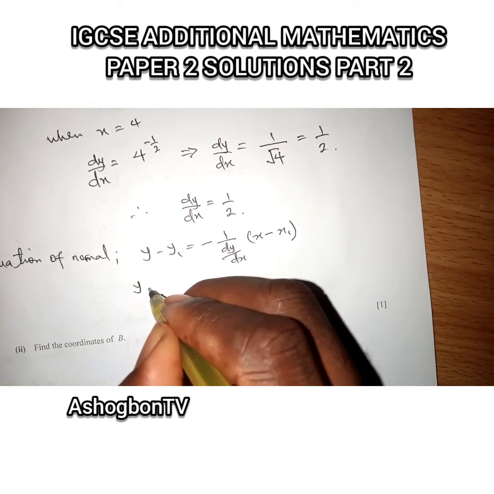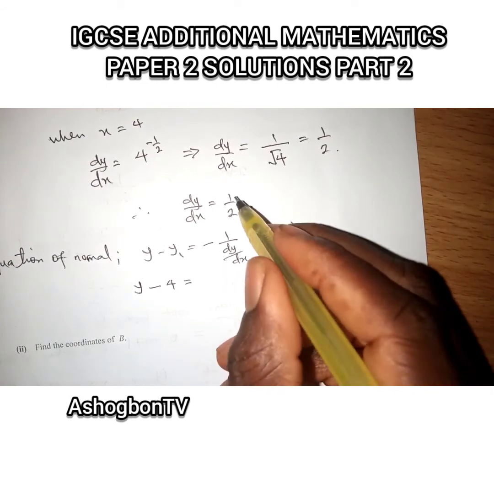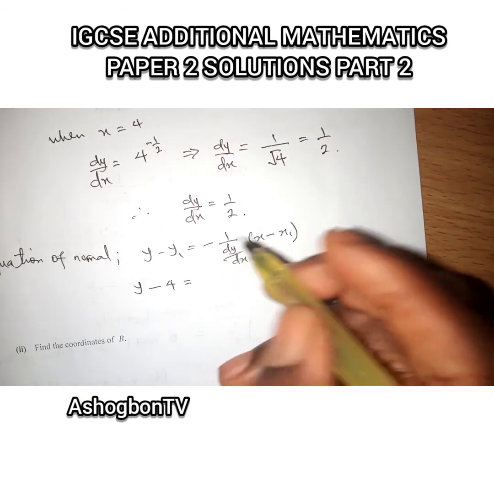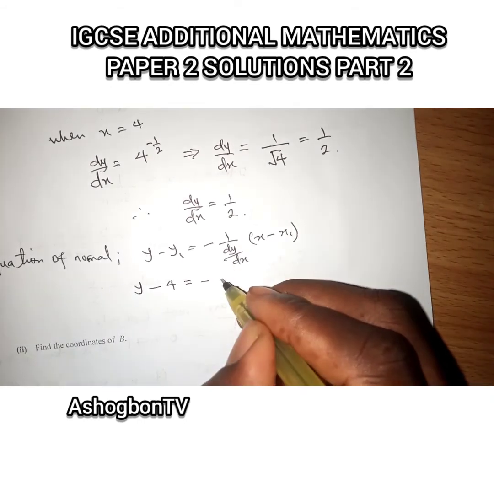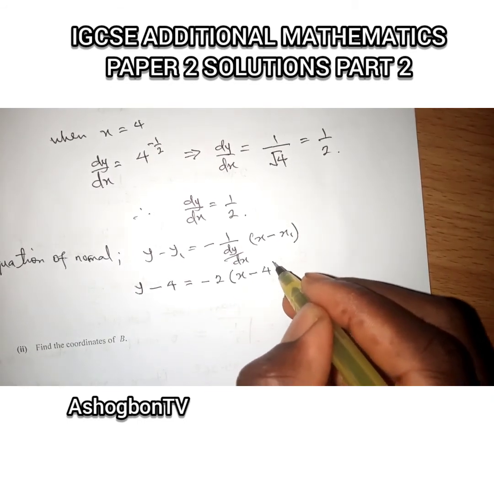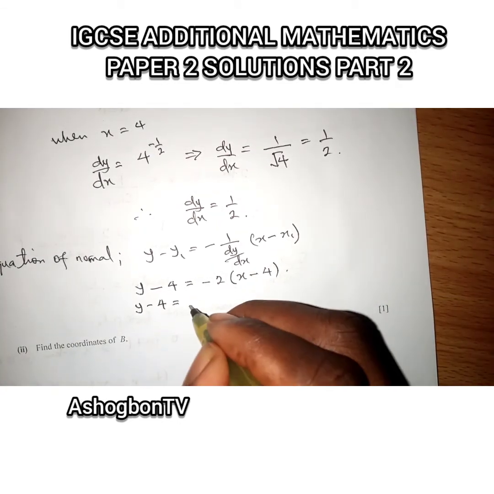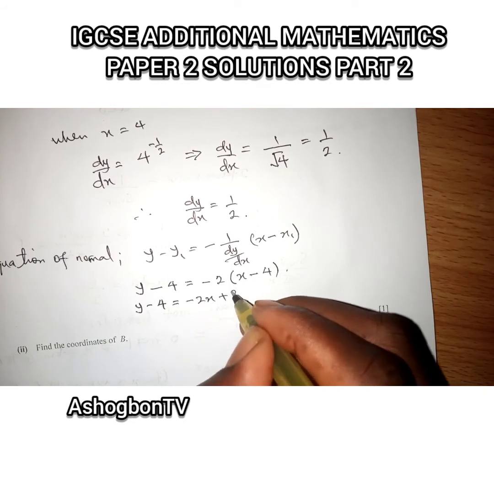So we have y minus 4 equal to minus 1 over half, which is minus 2, times the bracket x minus 4. So you just go ahead and solve your equation here. You have x minus 4, which will be minus 2x plus 8.